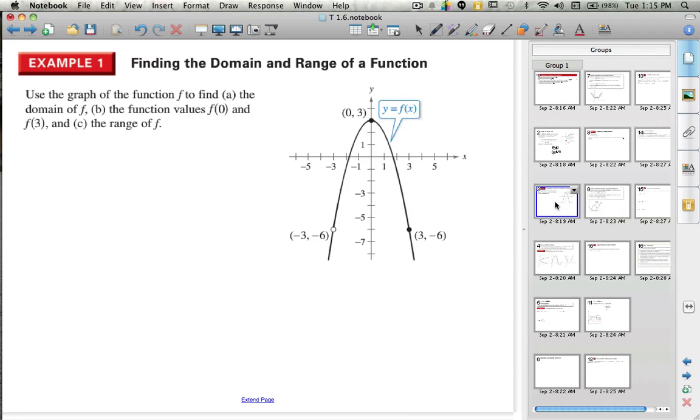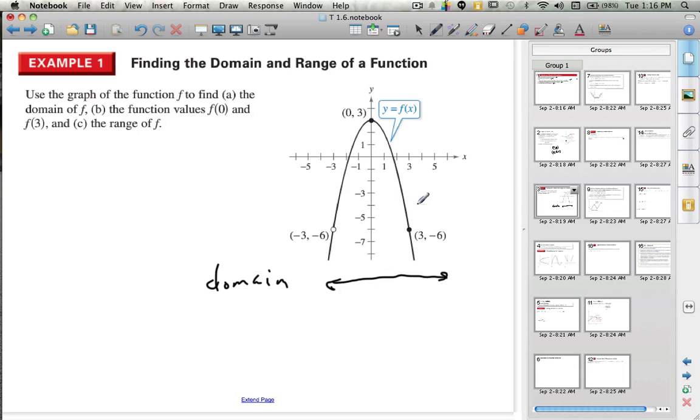Okay, when we start talking about the domain and the range of a function, what you're looking at when you talk about domain is, are there any restrictions for values of x? And rather than examining the equation, which you've done before, now we're looking at the graph. Is there anything on this graph that limits using any specific x value from negative infinity through to positive infinity?